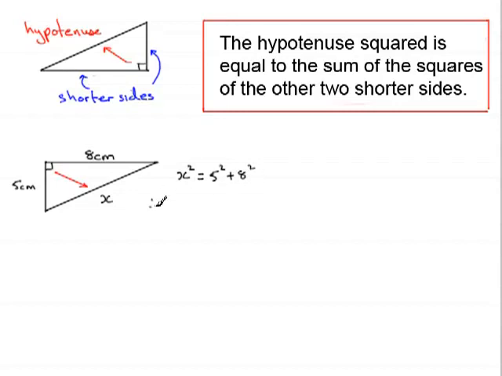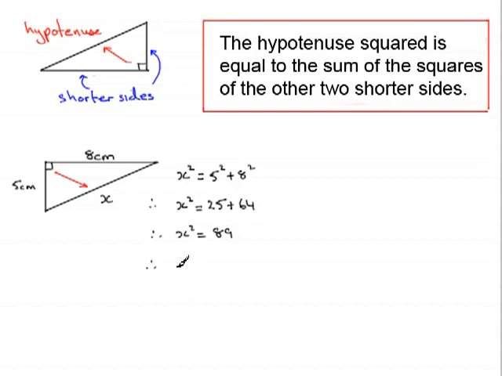So x squared equals 5 squared, which is 5 times 5, which we know is 25, plus 8 squared, that's 8 8s, are 64. And if I add those two numbers together, 25 and 64, it comes to 89. Now to get x, what I need to do is to take the square root of both sides.